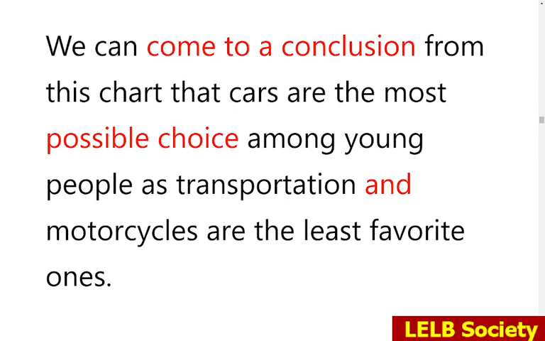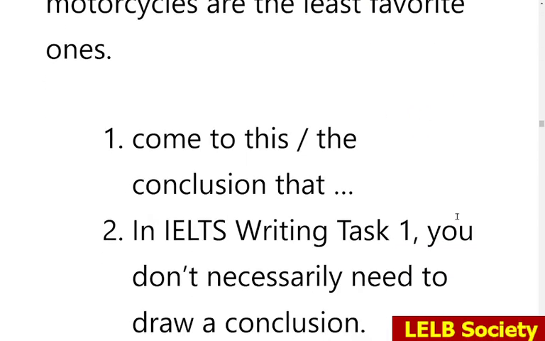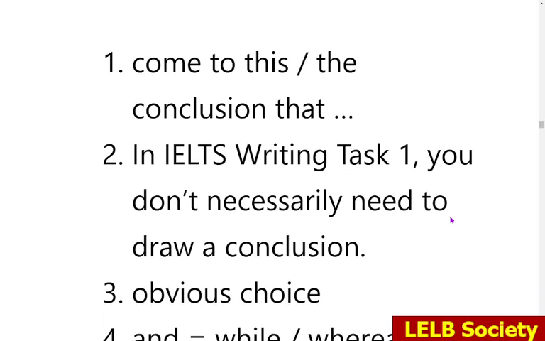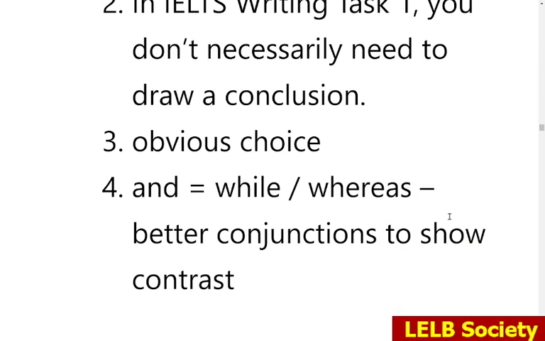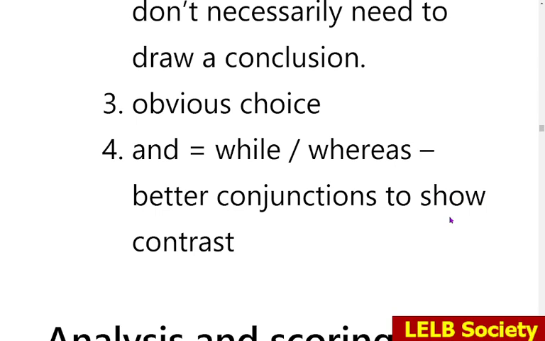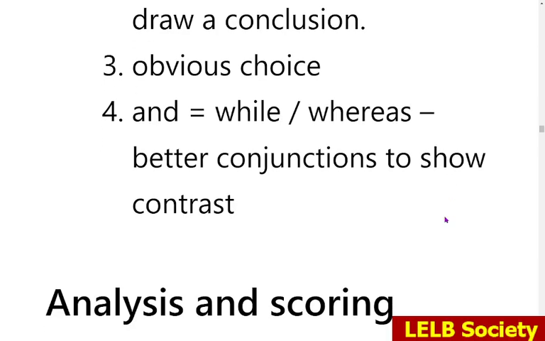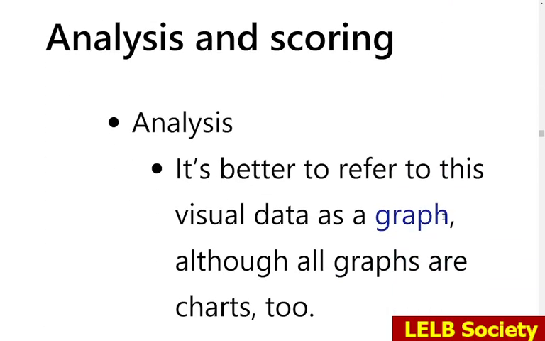Okay, therefore while or whereas make better conjunctions. So come to the conclusion that, and in IELTS Writing Task 1 you don't necessarily need to draw a conclusion. Obvious choice instead of possible choice, and instead of and say while or whereas. Better conjunctions to show contrast.